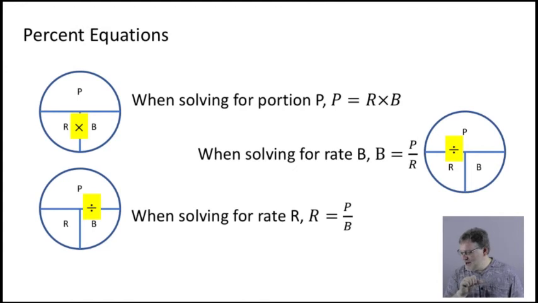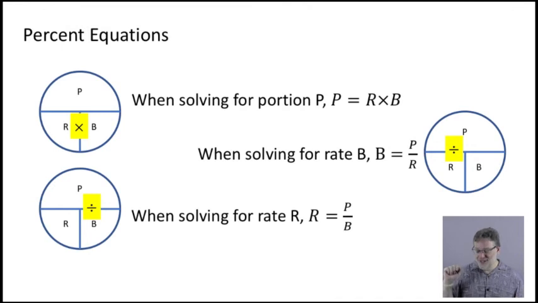So if we want to find out what the base is, we take the portion divided by the rate and we get the base. In the same way, we can take a look at the third option here. When solving for rate, rate is now in the lower left. So on the right-hand side here, you can see portion or amount is divided by base in order to get the rate.